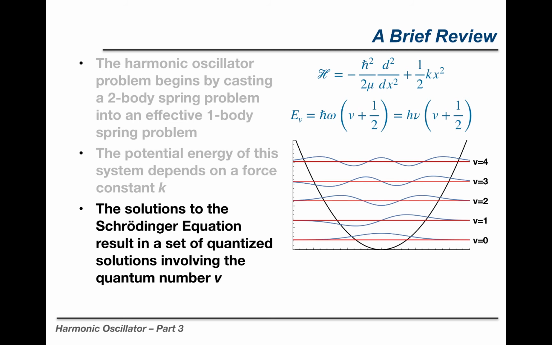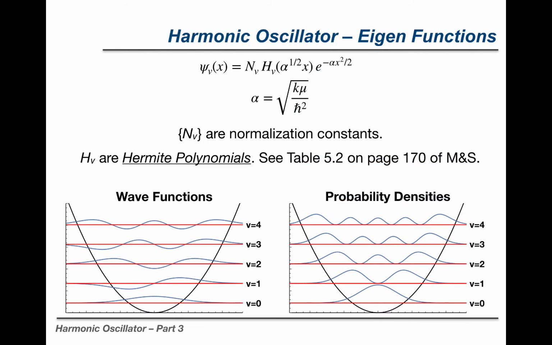And we noted that the energy of v equals 0 is not 0. There's an intrinsic non-zero energy at the initial state, which is called the zero-point energy. We also noted as a final point before leaving class last week that the energy increases with increasing number of nodes, just as we saw in the particle in a box. Okay. So let's talk a little more about these eigenfunctions.